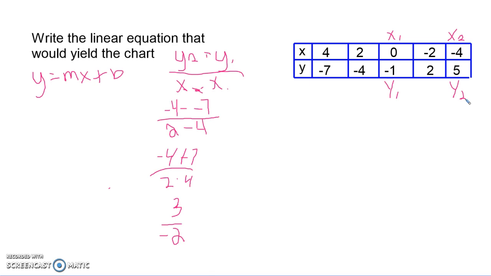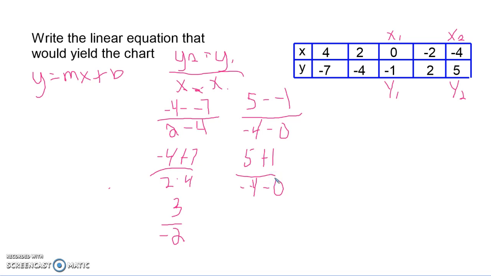So we have y2, which is 5, minus y1, which is -1, divided by x2, which is -4, minus x1, which is 0. We have the minus negative again, which is the same as adding, so I'm going to rewrite this. Instead of 5 minus -1, it's 5 plus 1, divided by -4 minus 0.